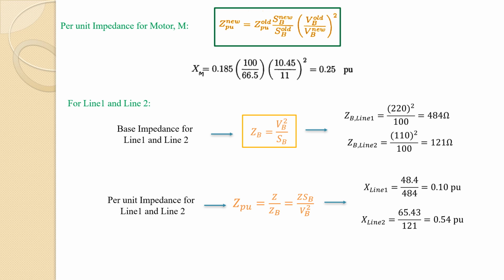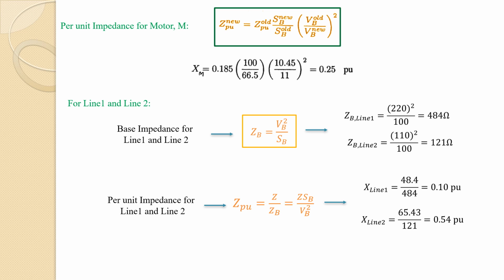Now let us calculate the per unit impedance for the motor which is connected at bus 4, and we have already found out the base voltage at bus 4 as 11 kV. The motor reactance is expressed on the data sheet provided by the manufacturer at 66.5 MVA and 10.45 kV.